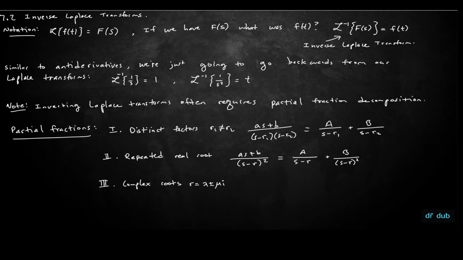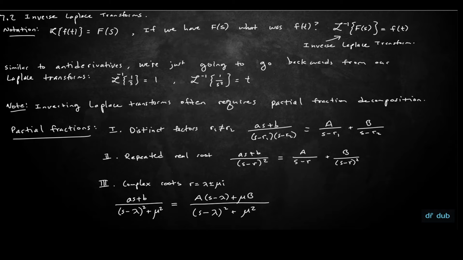The way we want to split this up is to complete the square in the denominator and write it as as plus b over s minus lambda quantity squared plus mu squared, with the numerator written as capital A times s minus lambda plus mu B, over s minus lambda squared plus mu squared. When we see the translation theorems coming up in a couple of sections, we'll see why we want to write it this way.